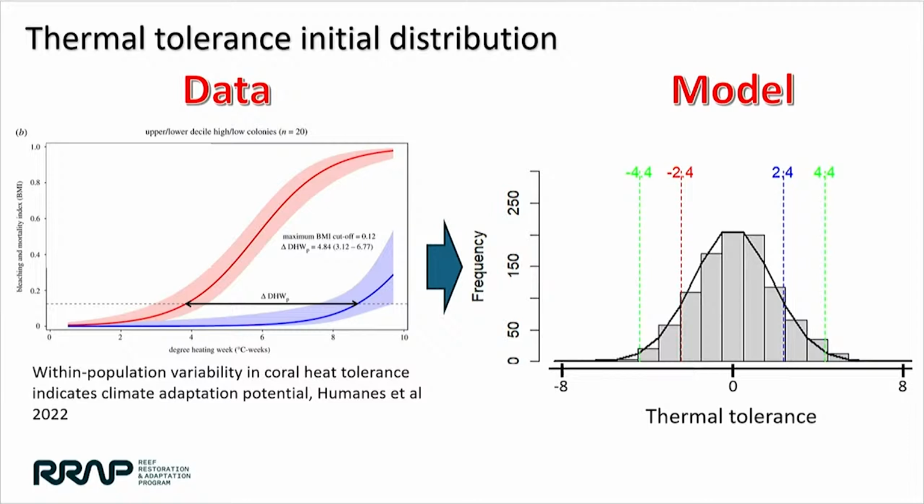Now, with the cutoff, we roughly looked at that data as well, but it's a lot harder to get that information out of that same kind of data. And part of that is because of how that study was set up and some of the limitations of that study. If you're looking at that plot again, you can see the highest degree heating weeks we have is about 9.8. And so what that means is that blue line of the most thermally tolerant is pretty much cut off at about 30% mortality.